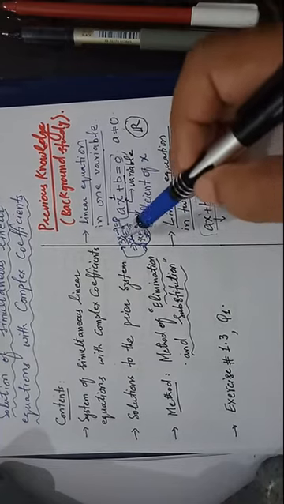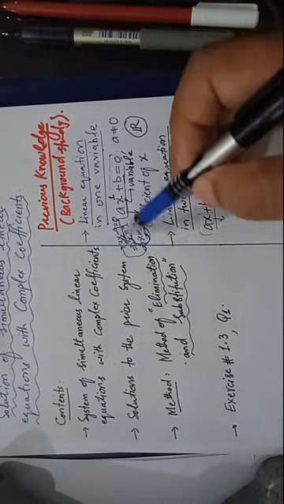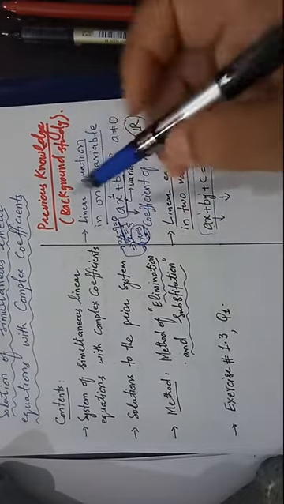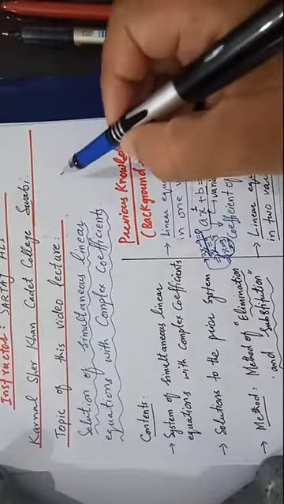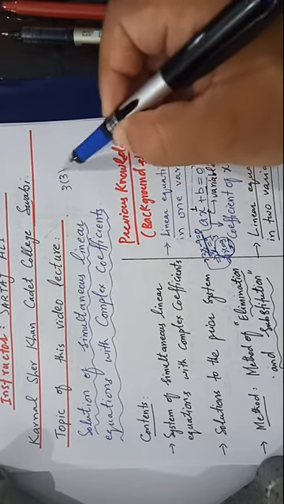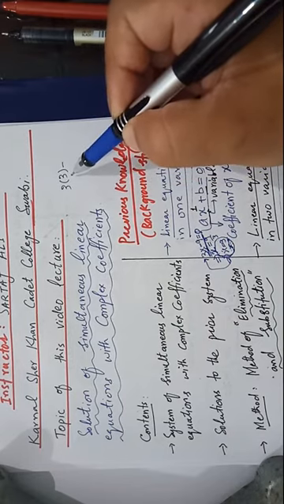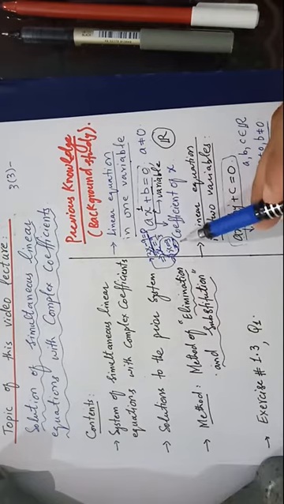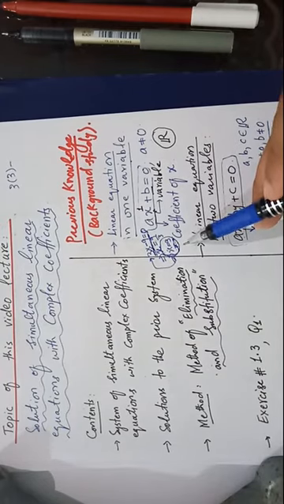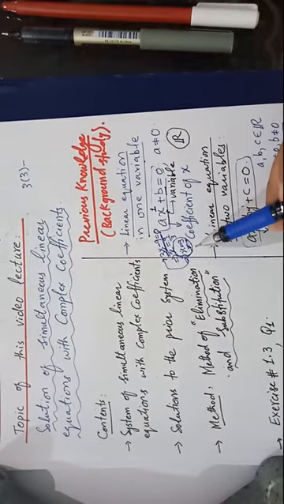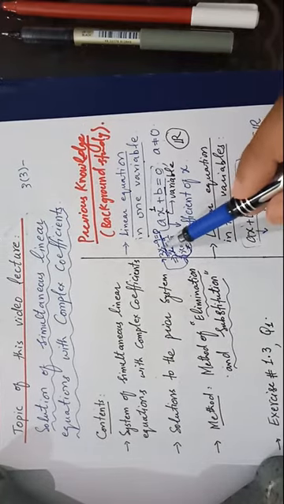Now if I plug this x equal to 3 into this equation, this x will be replaced by 3. So if someone asks why x equal to 3 is the solution, it is because it satisfies the original equation.